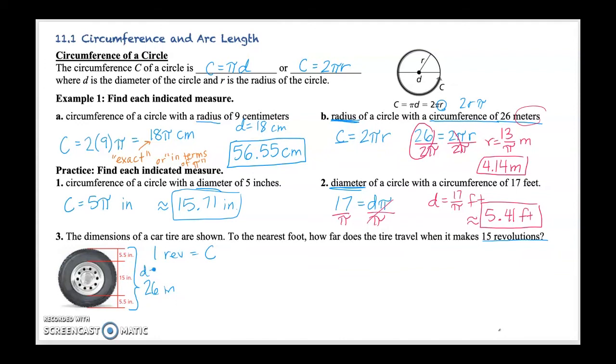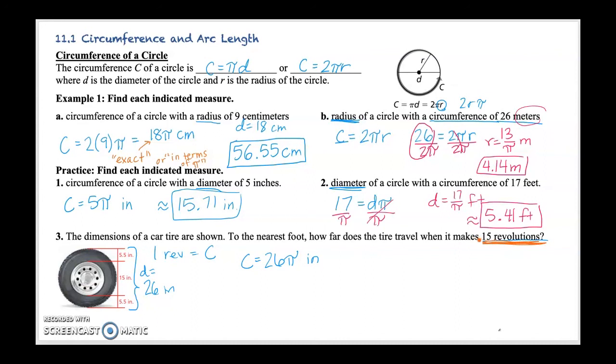So this diameter is 26 inches. Now we can use that to calculate the circumference, which would be just diameter times pi. So it's 26 pi inches. But remember, that's not what the question was asking us for.